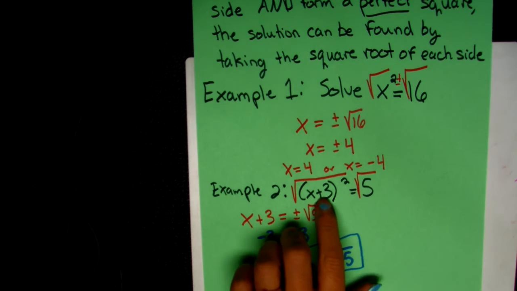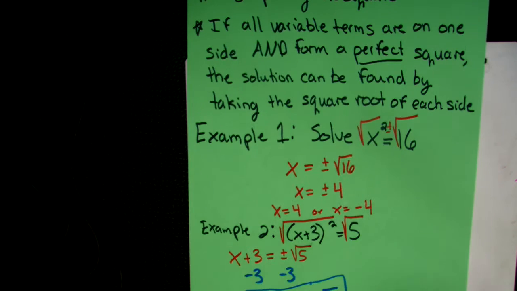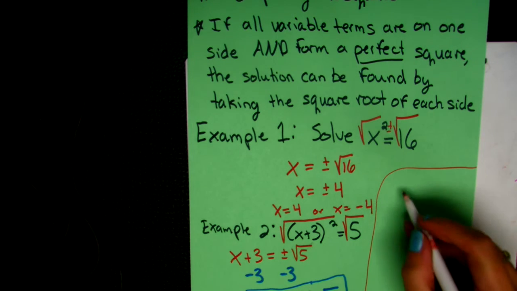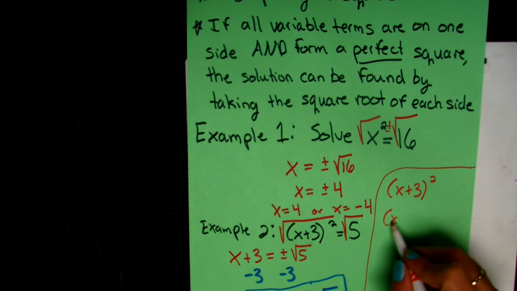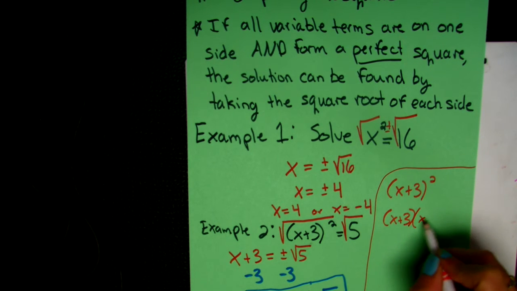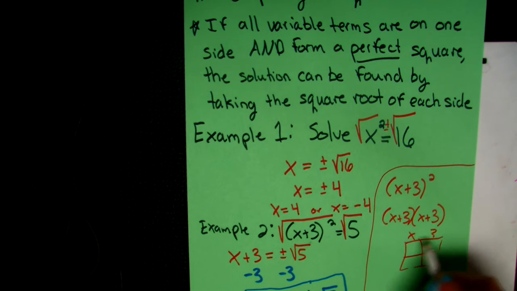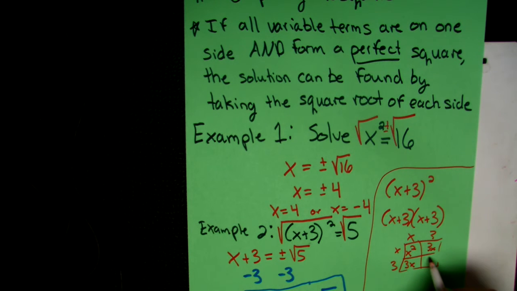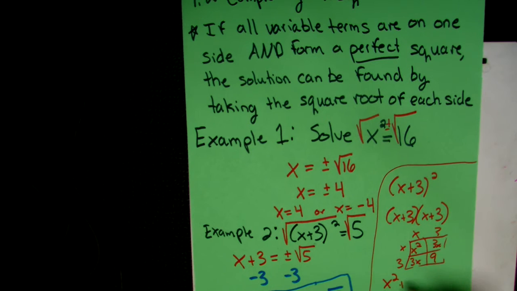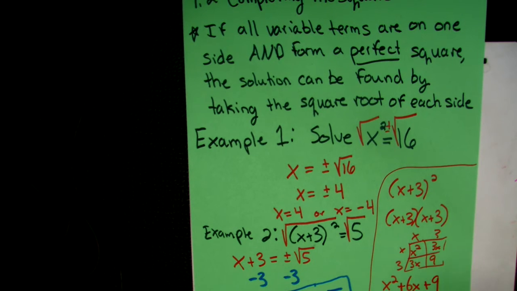Okay, so this x plus 3 squared, this can actually be rewritten, right? Because isn't x plus 3 squared, let's just take a second and think about this. X plus 3 squared is the same as saying x plus 3 times x plus 3, which if you use your box method is going to be x squared plus 6x plus 9.